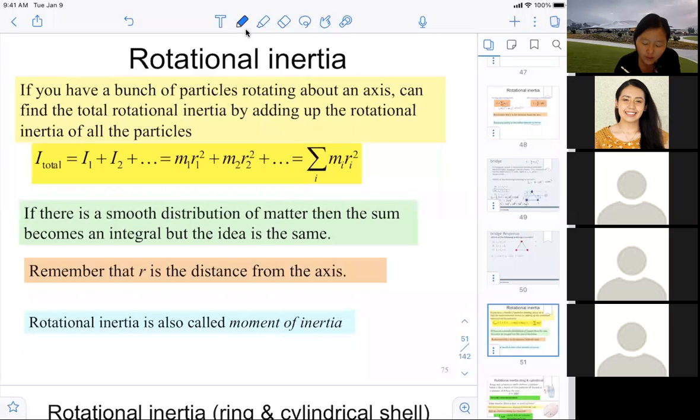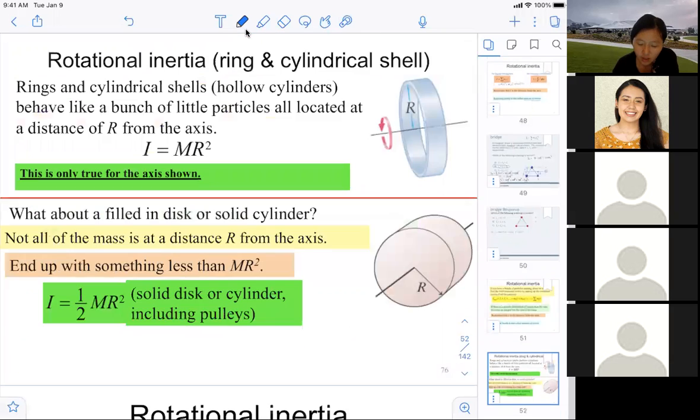Now we know how to calculate this, let's move on to talk about how to do a continuous distribution. When something is not a point, it can be all various different shapes. It could be a ring shape or a solid cylinder or disc shape. It could be a spherical ball.